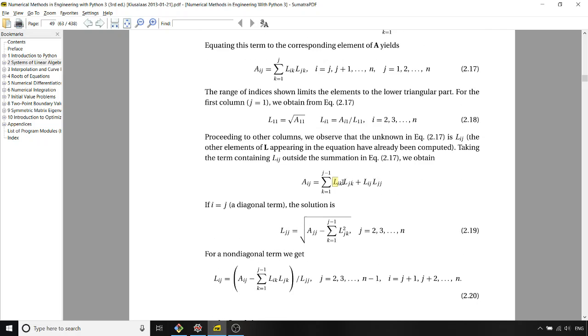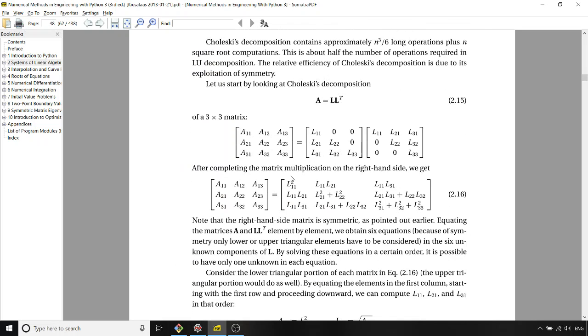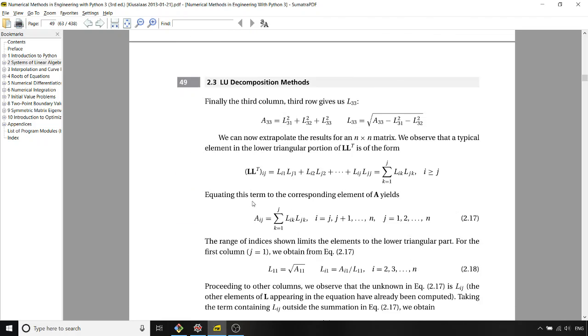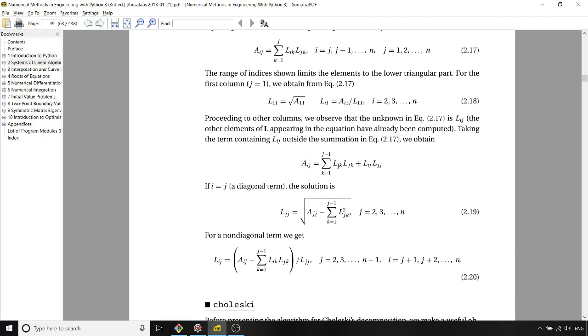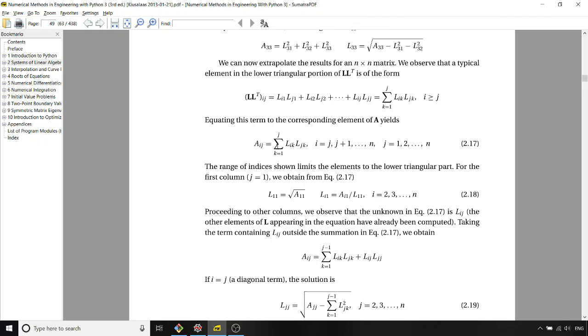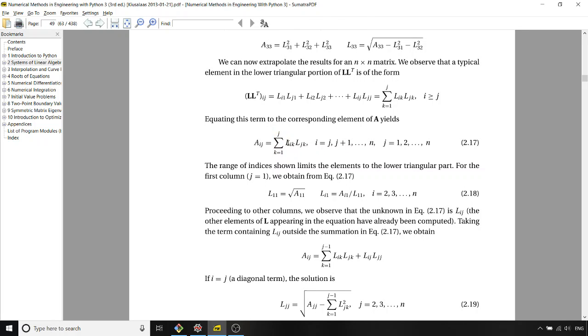If you carefully see, every Aij position here will be this multiplication, basically i row and j column, and this will be going from k to j. So this decomposition is this.